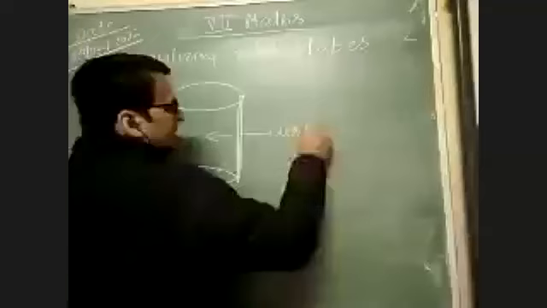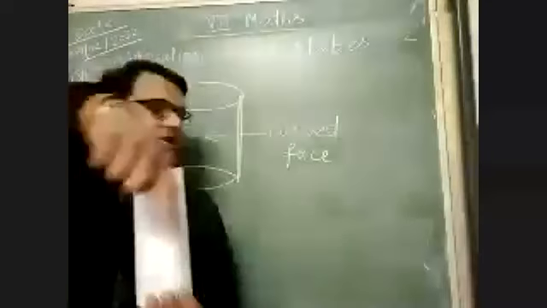We will take an example with the help of this paper. If this is your rectangular paper, and you fold it along its breadth or along its length, you will get a cylindrical shape. This round shape is called the curved face.